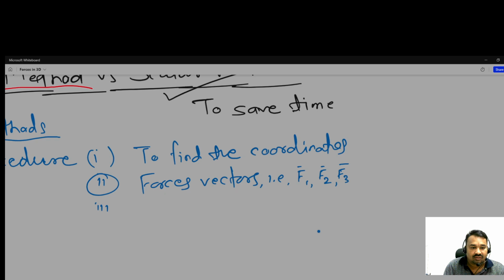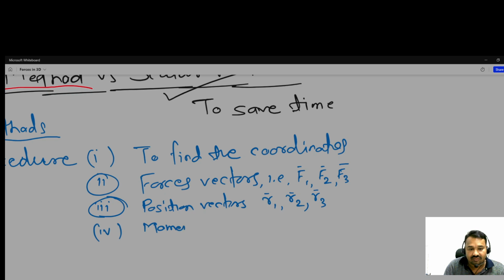Third one is position vectors, like R1, R2, R3. Fourth one is moment vectors, M1, M2, M3.